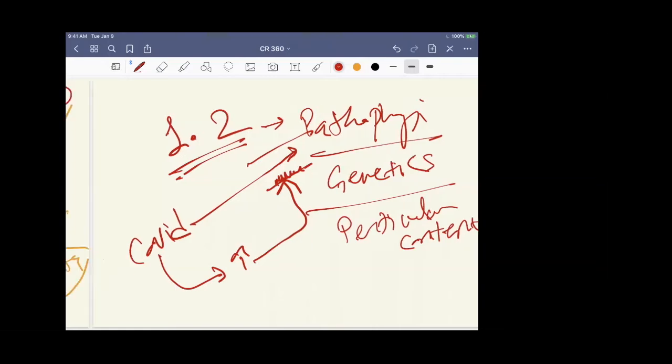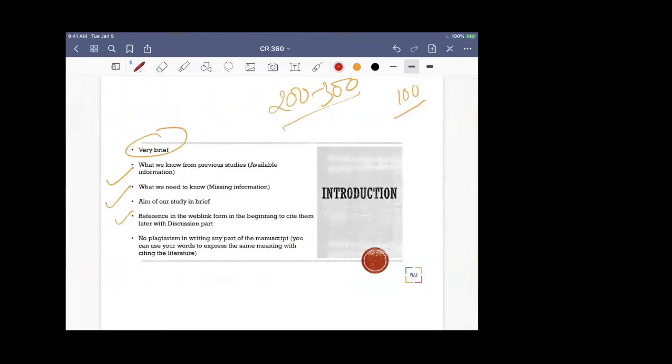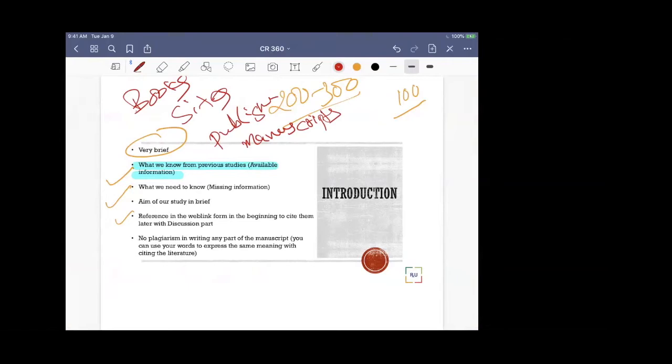So one paragraph is the detail on previously published information, the detail which is available in the market. The detail could be books, sites, previously published manuscripts, or previously published abstracts, which may or may not be a good source, depending on the journal.